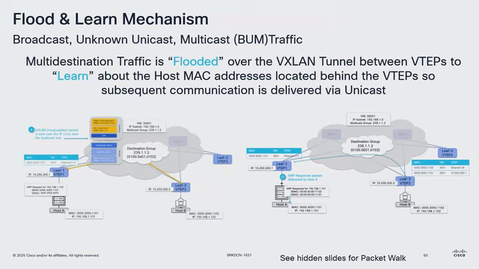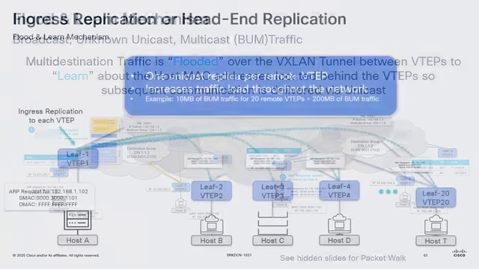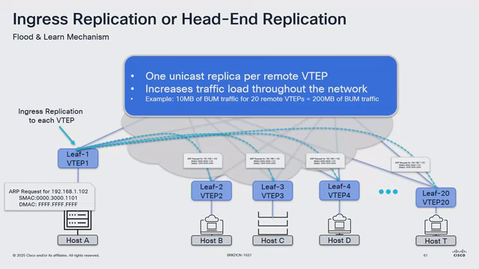We have to understand there's not just unicast traffic, but multi-destination traffic, right? Another way we handled multicast, unknown unicast, or broadcast traffic was using something called head-end or ingress replication. That puts a lot of burden on the VTEP, because it's more of a unicast method than multicast, and I have to replicate every packet.